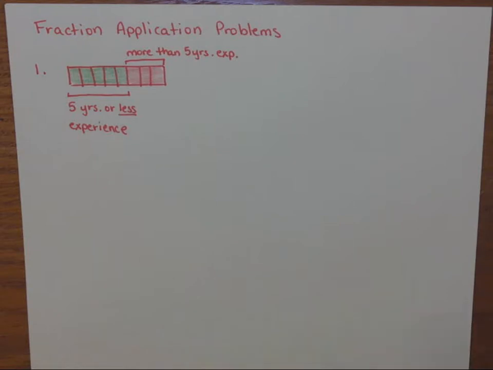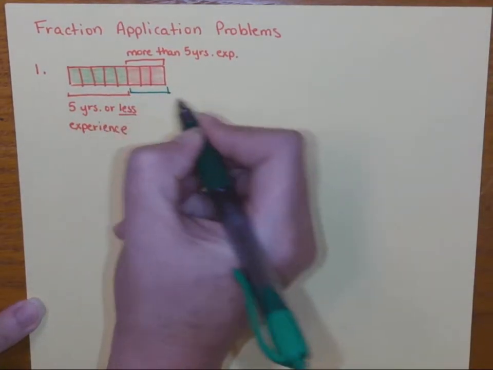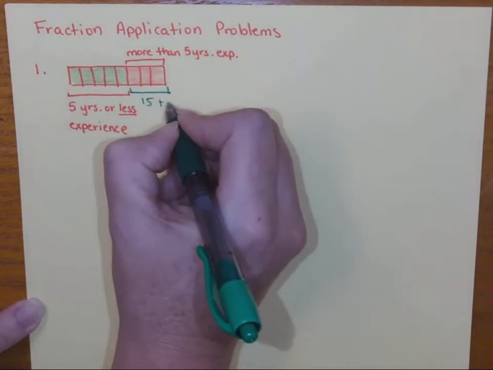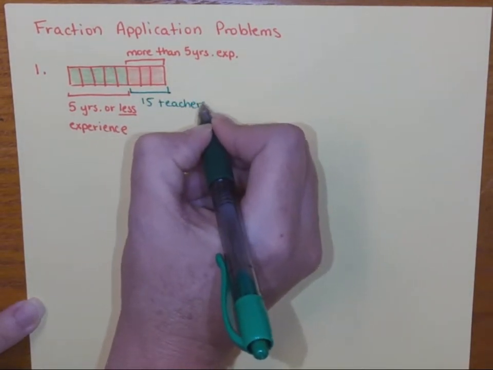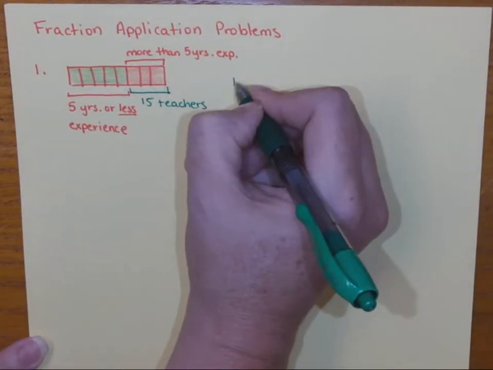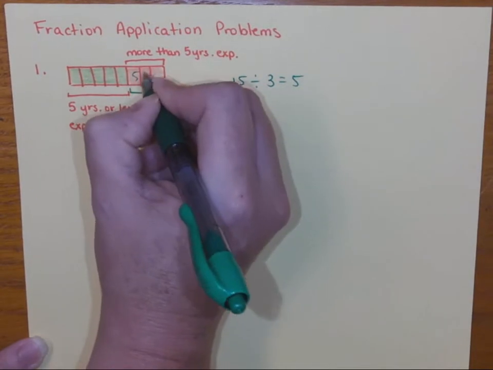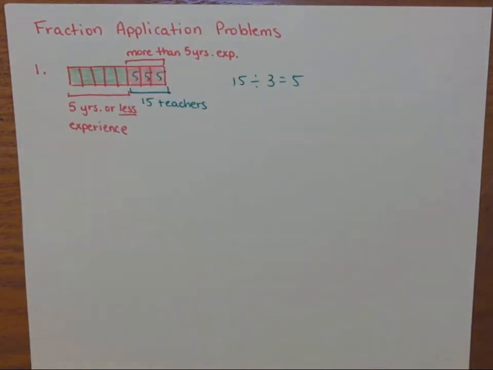How many teachers must be at that school? So notice we're talking about the people with the more experience, right? So this is 15 teachers. And because we know we have fractions that are each split up evenly, we should know that 15 divided by 3 is going to be 5. In other words, each of these little boxes that I drew represents 5 teachers.